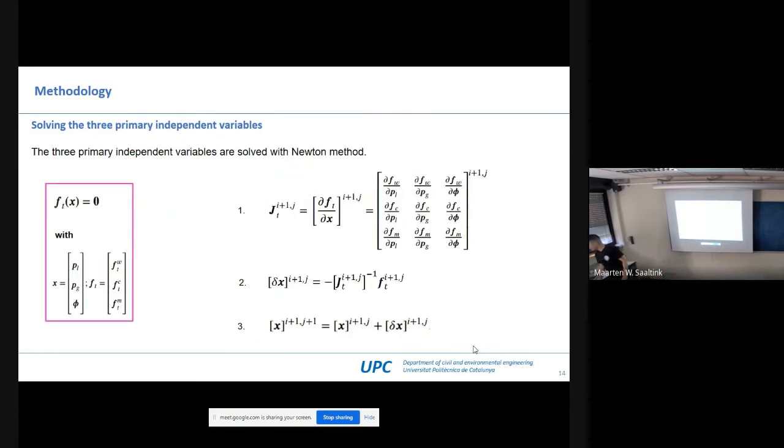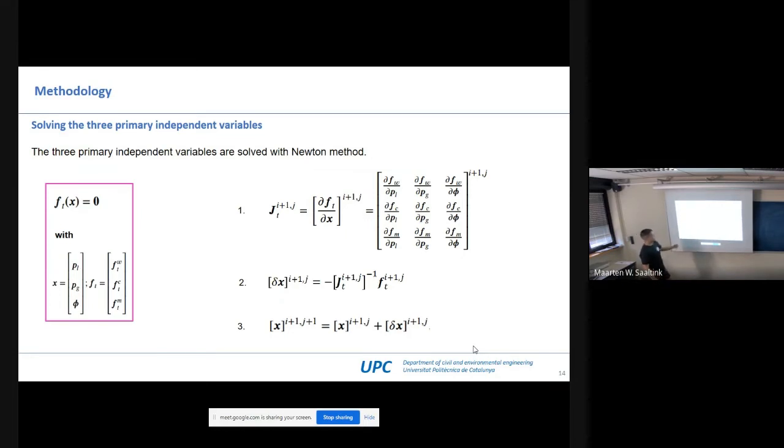The transport system is now very simple: it is the 3 transport equations based on 3 conservative components and 3 independent variables, and we solve these 3 independent variables by solving these 3 equations.